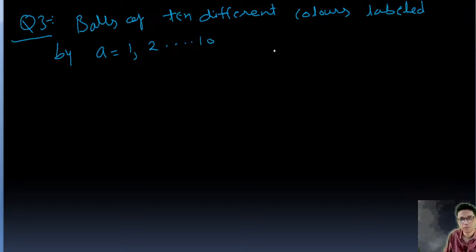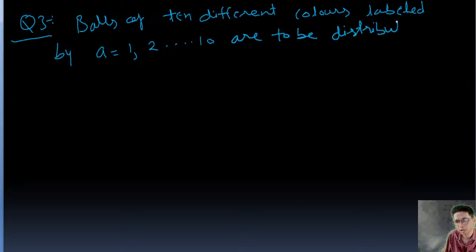Okay, R to be 10, are to be distributed among different colored boxes.